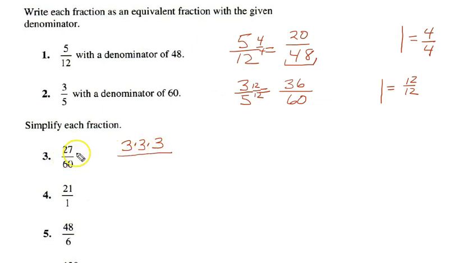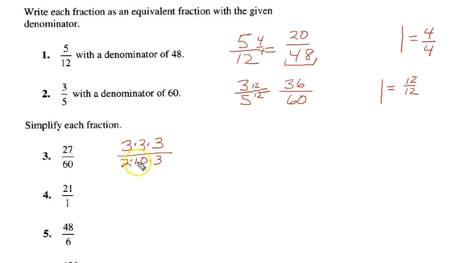is 27. And 60 is, let's say, 2 times 10 times 3. I get here 2 times 10 is 20 times 3.